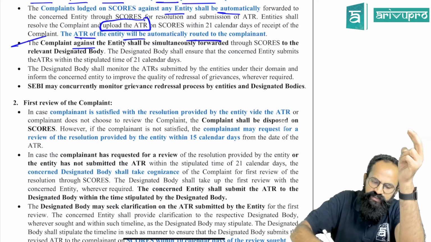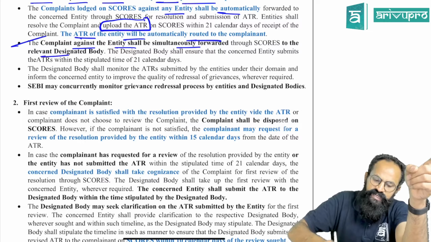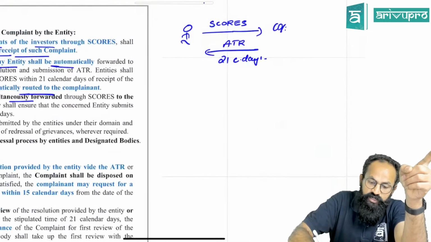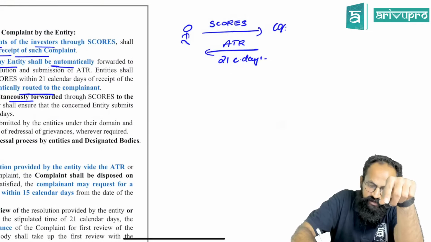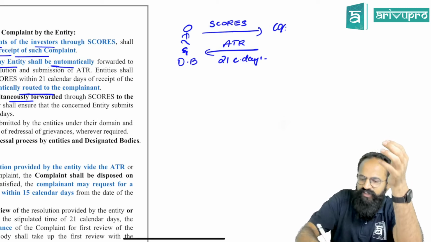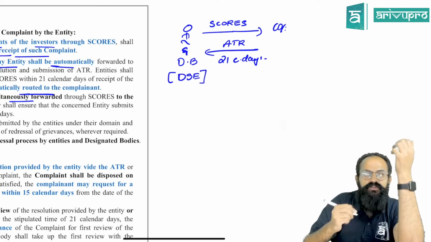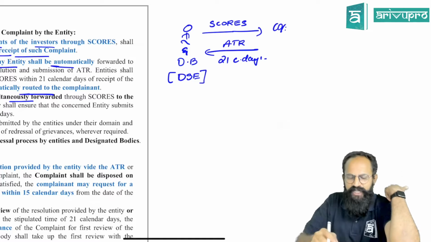The complaint against the entity shall be simultaneously forwarded through SCORES to the relevant designated body as well. So who will get the ATR here? The complainant will get it as well as the designated body. If it's a listed company, who is the designated body? It will go to the designated stock exchange. The stock exchange will also get the action taken report.